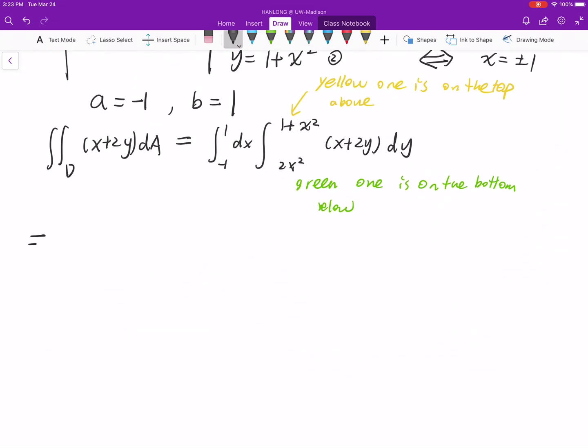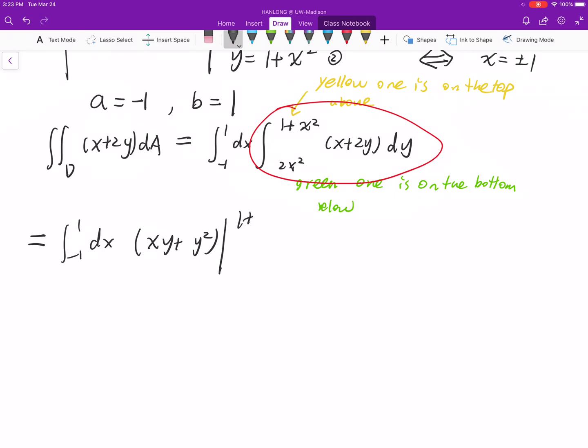Okay, next we compute it repeatedly. First, we do y integral of this guy. Then you have xy plus y squared evaluated at 1 plus x squared to 2x squared.